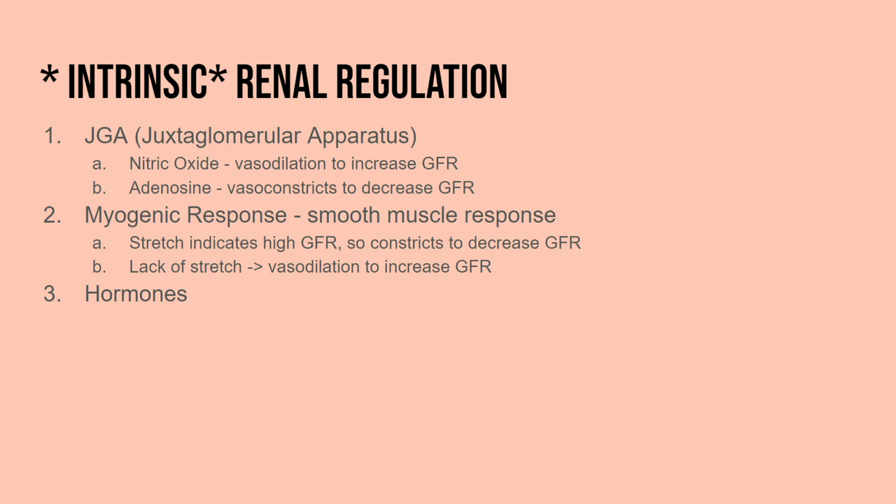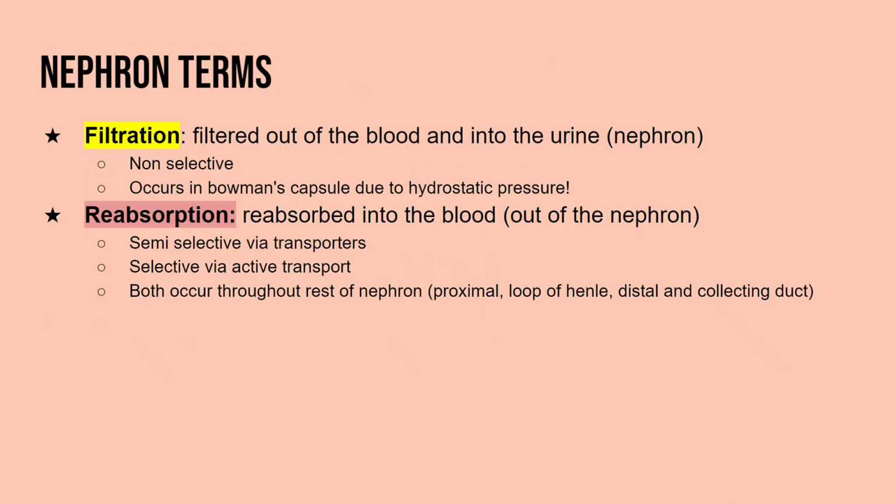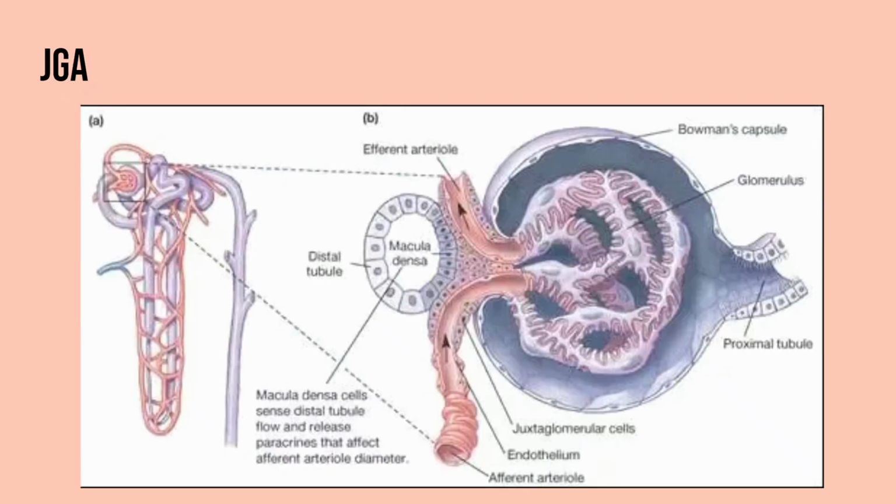I'm also going to bring us back to here. Glomerular filtration rate refers to how fast we're bringing blood in from the body and filtering it through Bowman's capsule. If it's low, then it's going slow, and if it's high, then it's going faster.